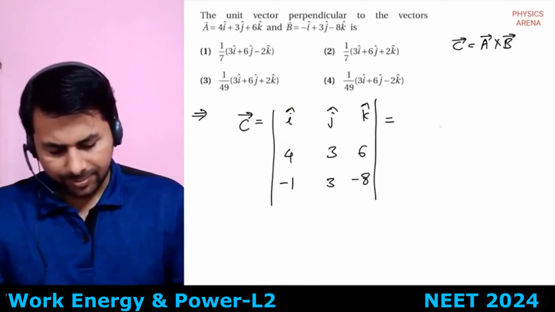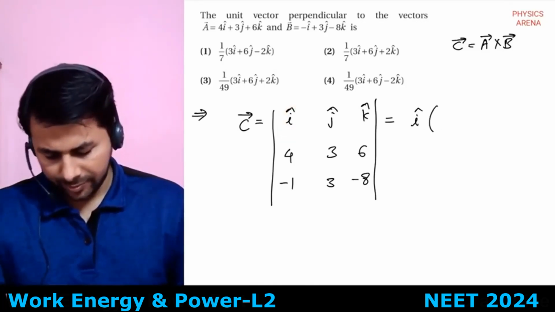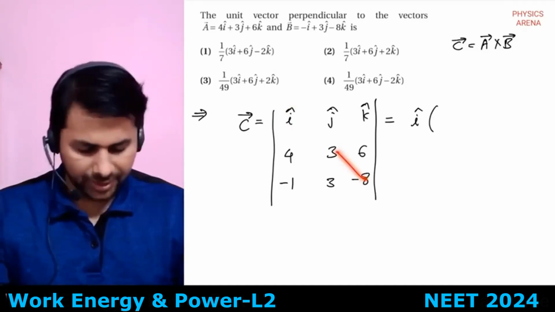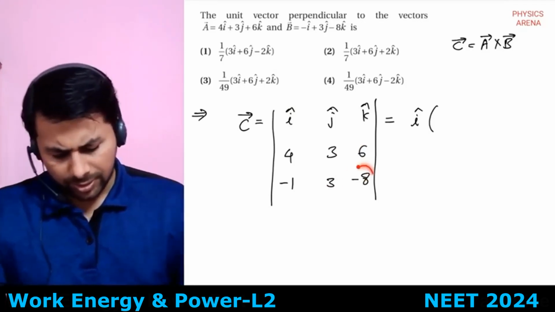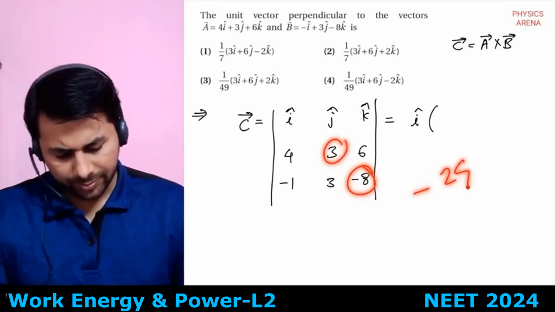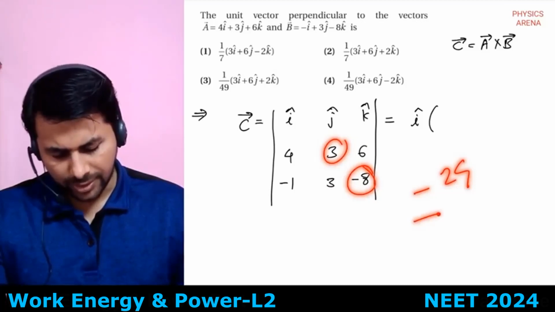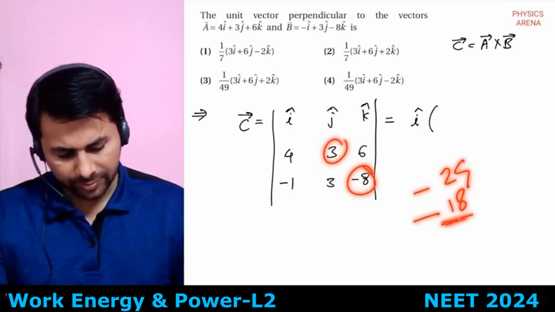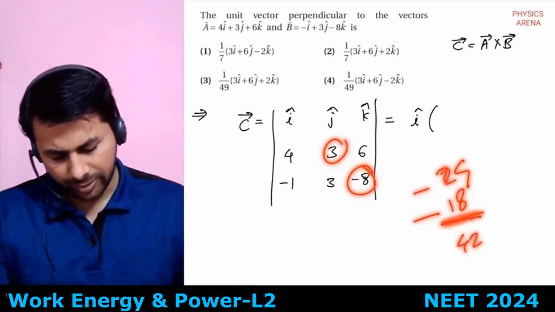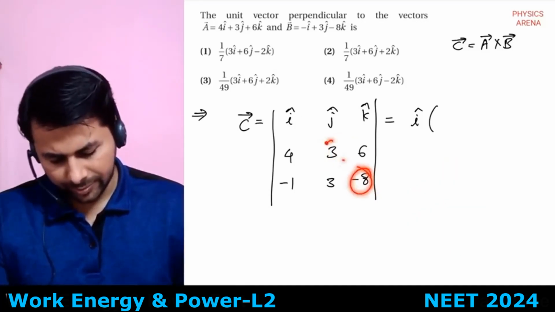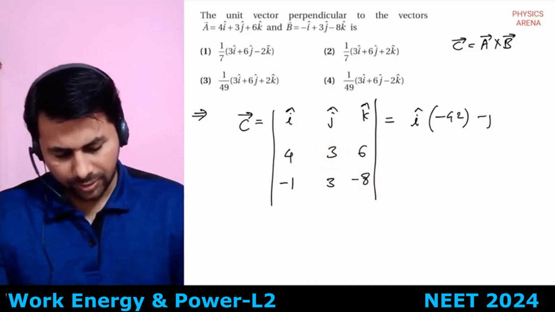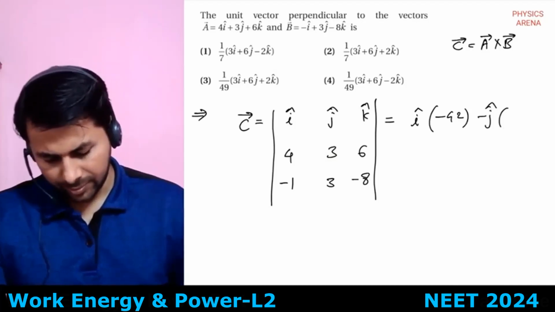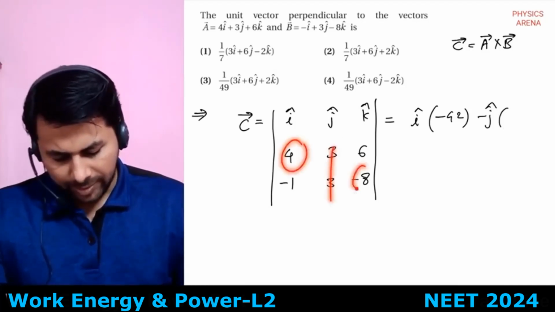So it's I cap times 3 times minus 8 minus 6 times 3. So this is minus 24 minus 18. How much is this? 42. Okay, so this is minus 42. Then you have minus j cap multiplied by 4 times minus 8.